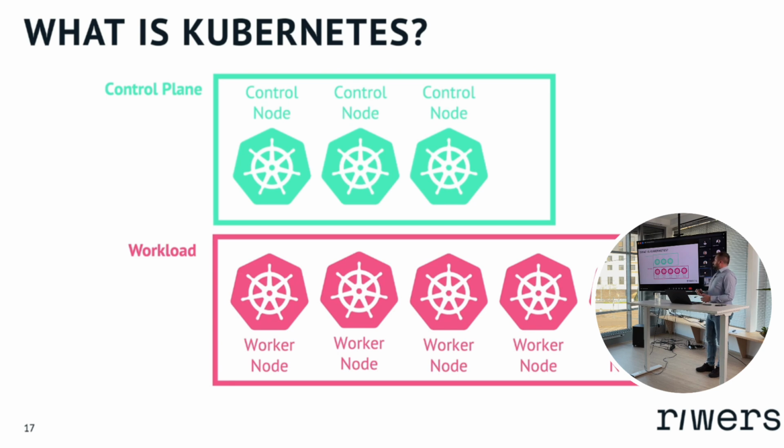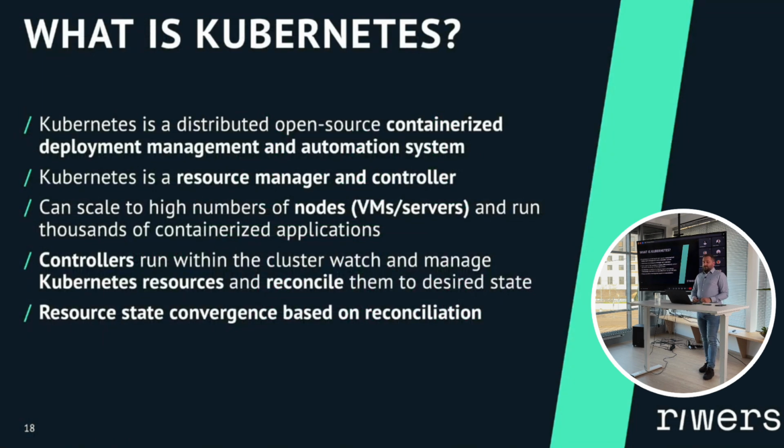So yeah, we'll be talking a little more about what's inside the control plane and what's inside the workload part of the cluster. The very important thing is that it can be seen as a deployment management and automation system, a distributed platform. But it's also very important to know that basically Kubernetes is a resource manager and controller or orchestrator.